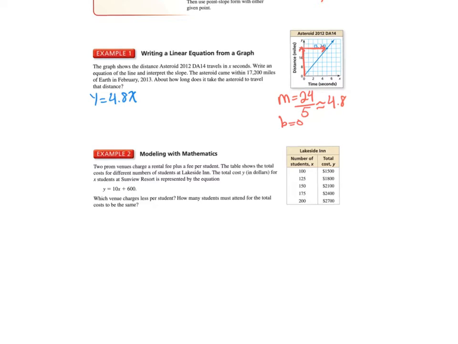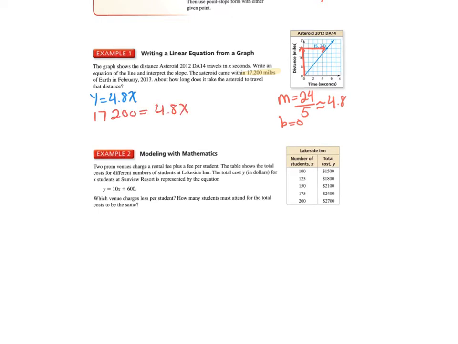And they're asking us how long it would take to travel that distance, the 17,200 miles. So we plug that in for y, because y is our miles. So 17,200 equals 4.8x.